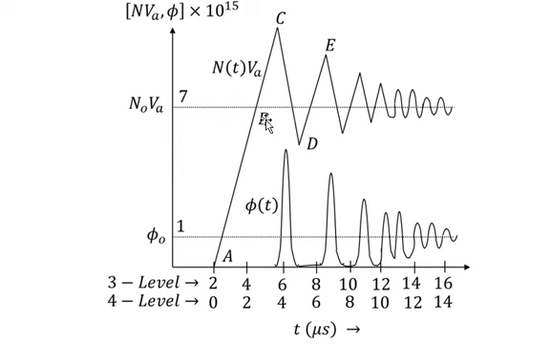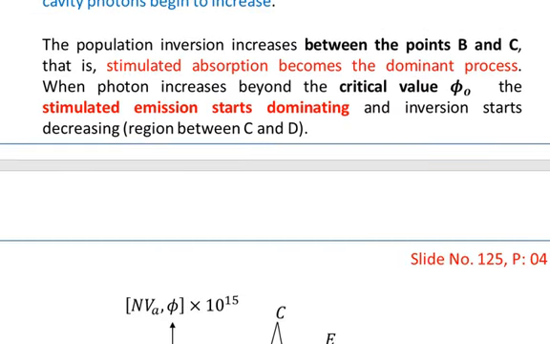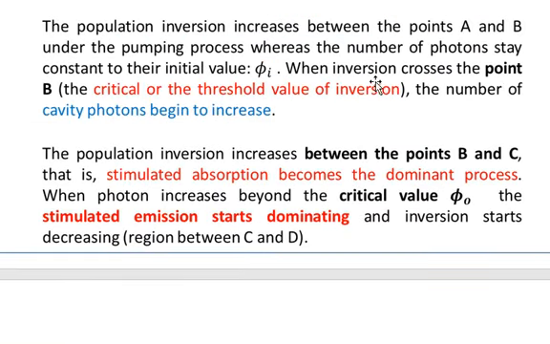So when the population inversion increases beyond the critical value, the number of photons starts increasing. And what happens when the value increases from B to C? The number of photons in the cavity starts increasing. It means that some process has started. So let me explain: when the inversion crosses the point B, which is the critical or threshold value of inversion, the number of cavity photons begins to increase.